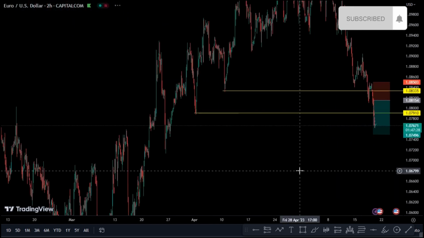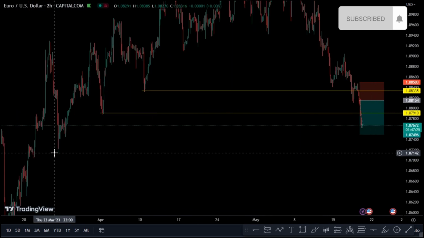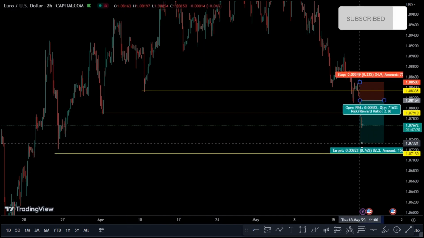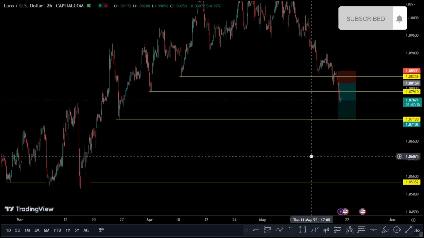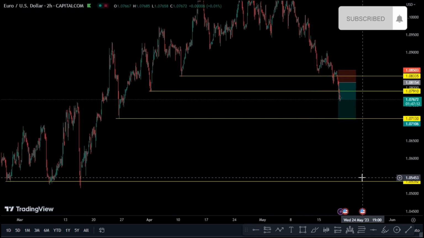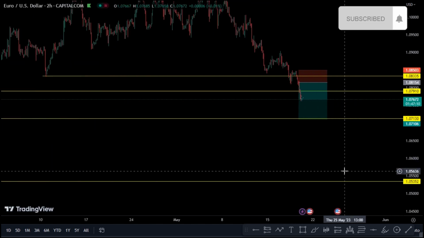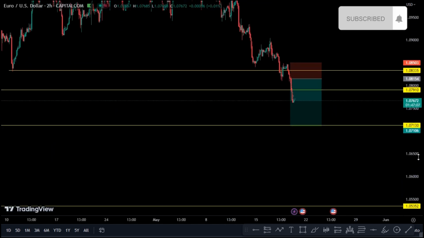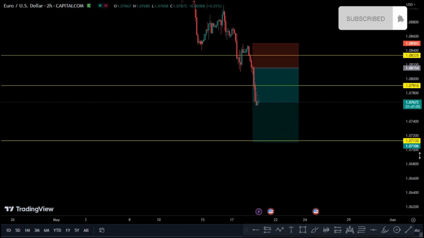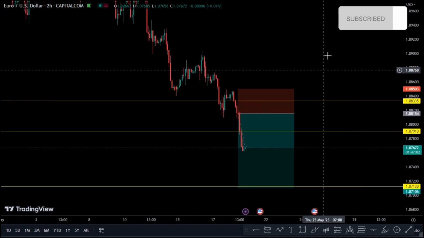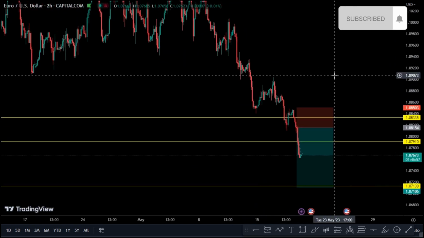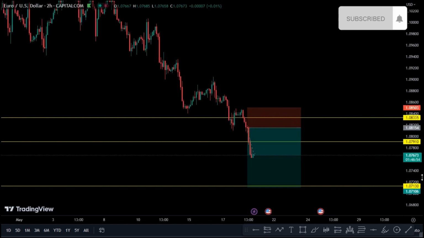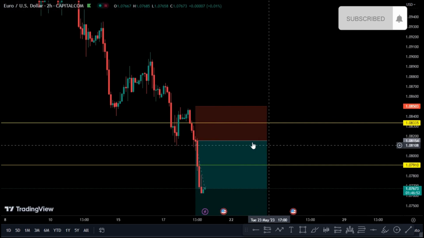The area that I was targeting personally as my first take profit was this area here, which is 100 pips, and then the next area that I was targeting would be this area here, but that is a very long swing trade that can be held for 2 weeks or more.